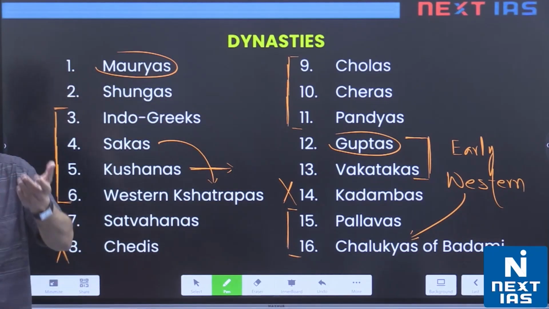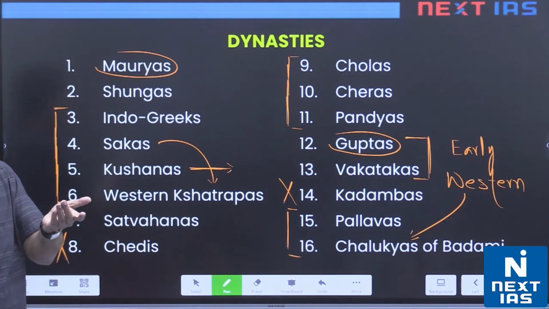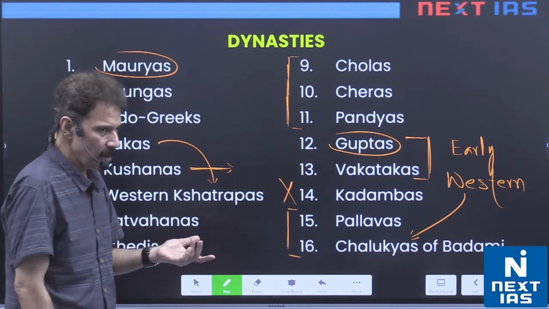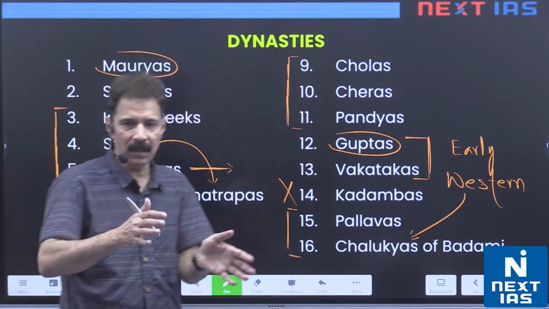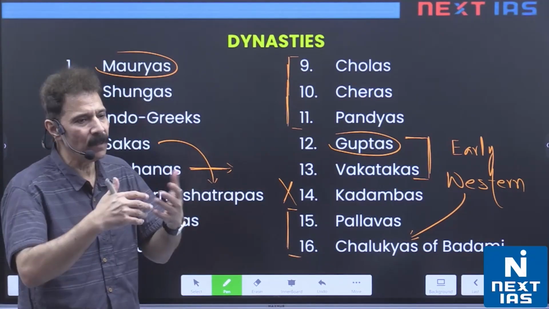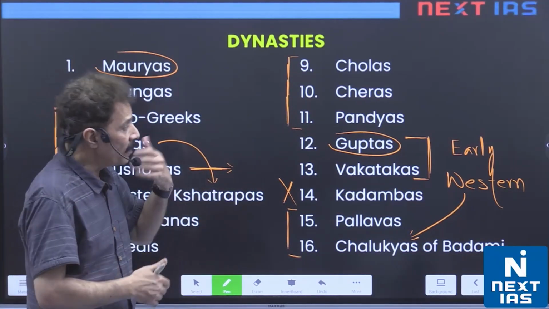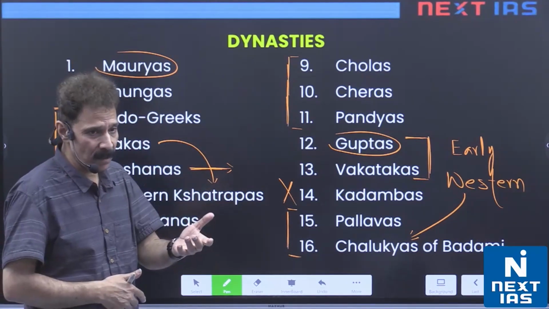Because we have later Western Chalukyas also, known as Chalukyas of Kalyani. They emerged later, so we call them later, but the rule was in the western region, mainly Karnataka, so again Western. So we call them later Western Chalukyas of Kalyani.